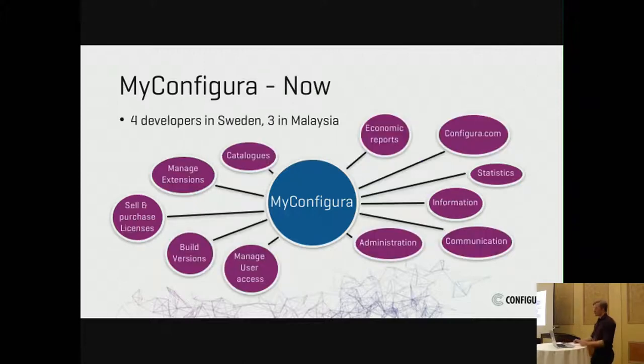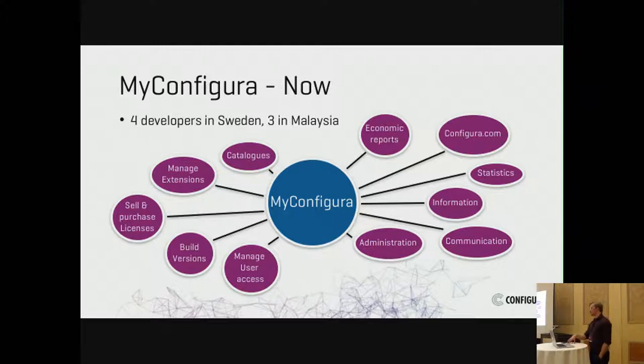So what MyConfigura is now is a very big platform, a lot more than you will see, because everyone just sees their little portion of the site. It includes all kinds of tools that we use internally and externally: invoice management, license management, sell and purchase licenses, connections to the build center and operator, catalogs, and you see we have a new configura.com webpage, which was a big project.